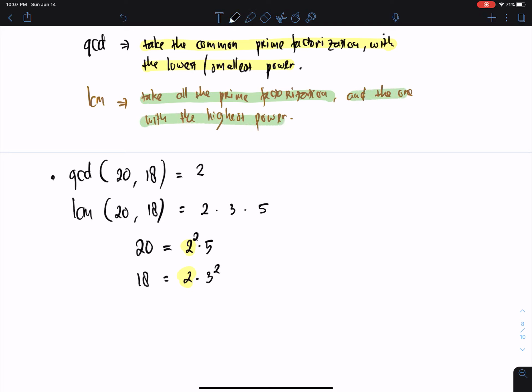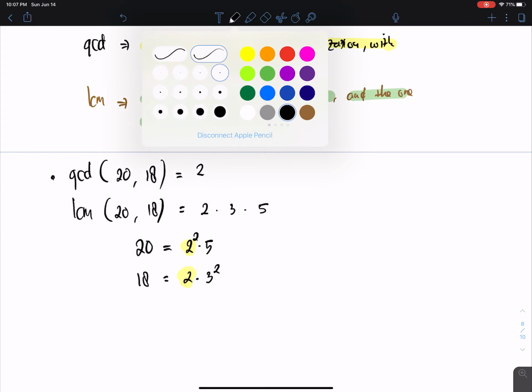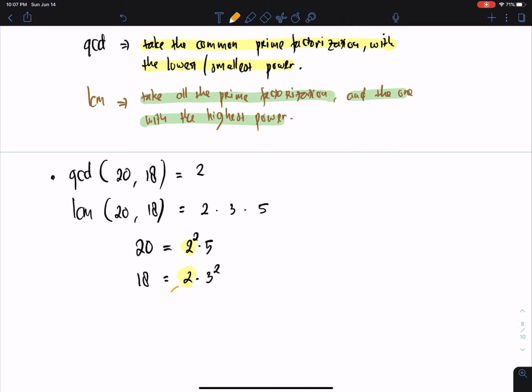Okay, so now we have 2. Over here we have 2 to the power of 1. Over here we have 2 to the power of 2. So we take the highest power, which is 2 to the power of 2. Here we have 3 to the power of 2, and then we have 5.